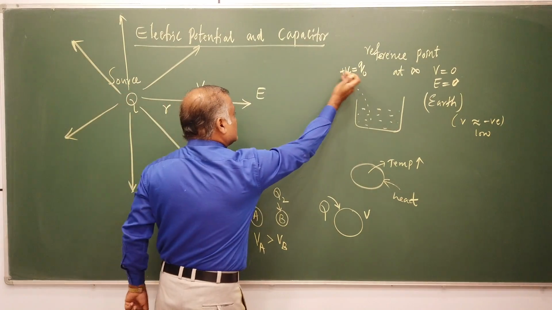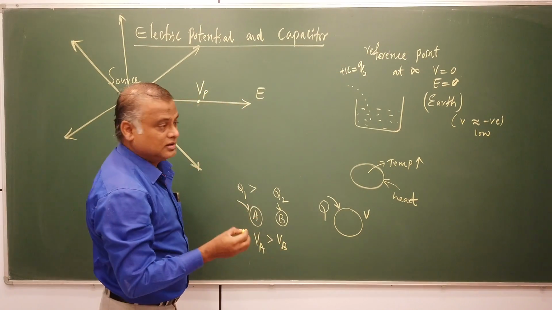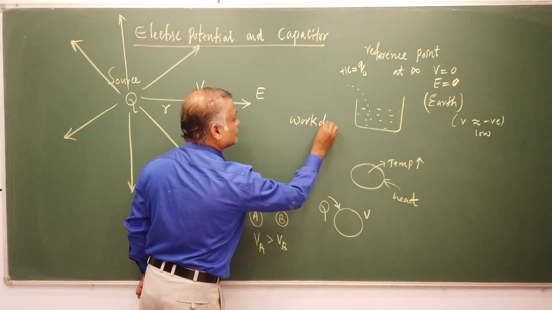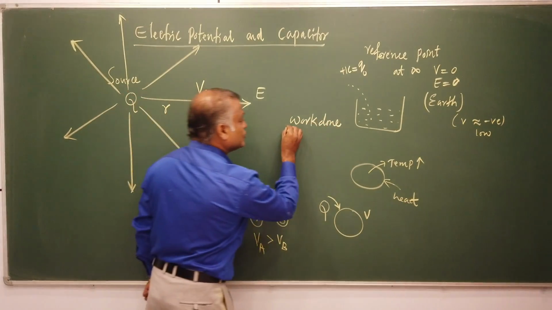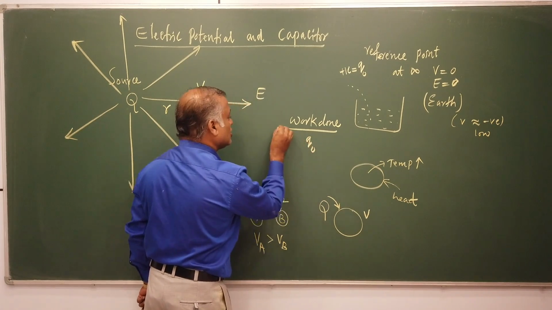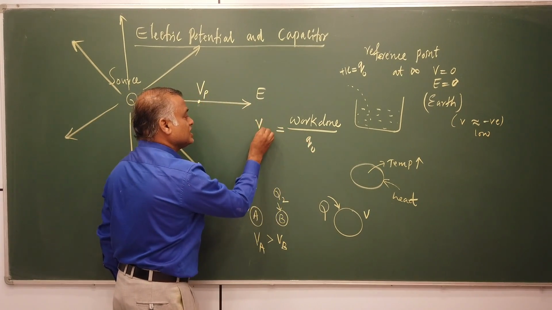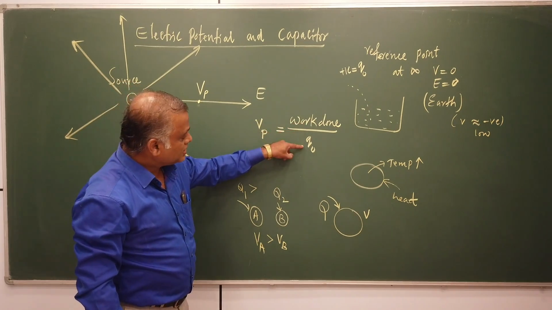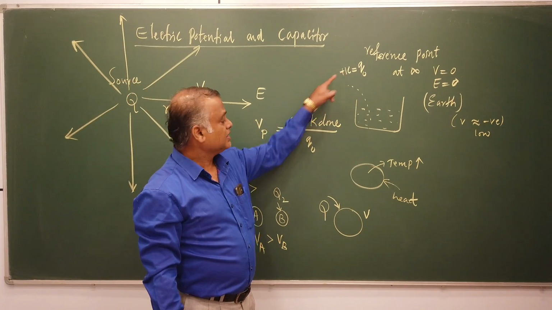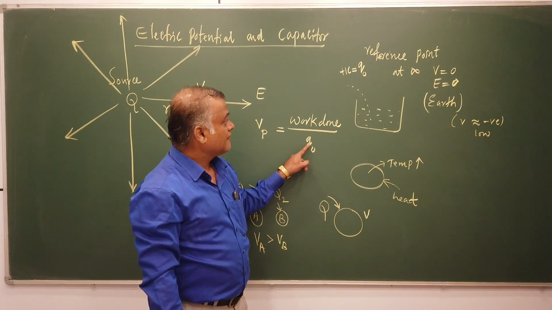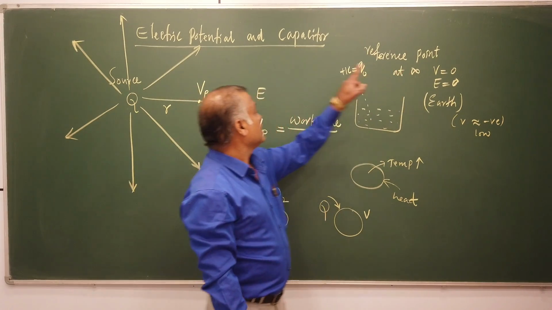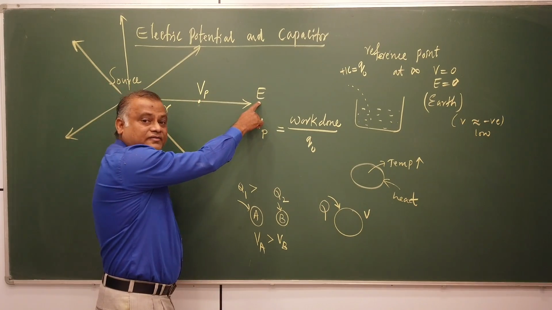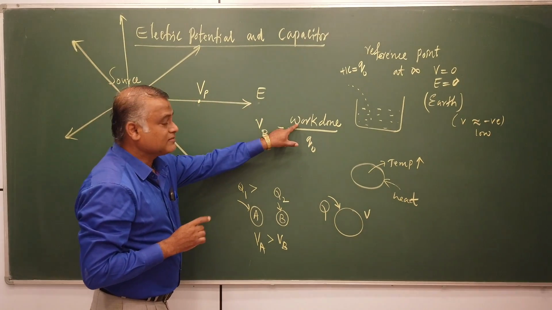To carry a charge, you need some work, and that work done per unit charge is known as the potential at a point. It is the work done per unit charge in bringing it from infinity to the point against the direction of the electric field. You are doing some external work.